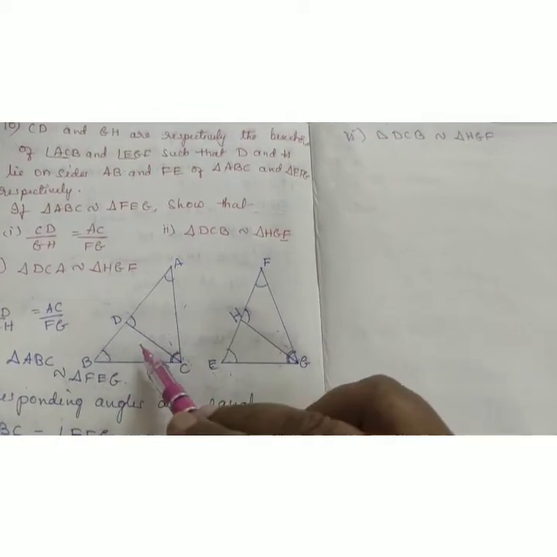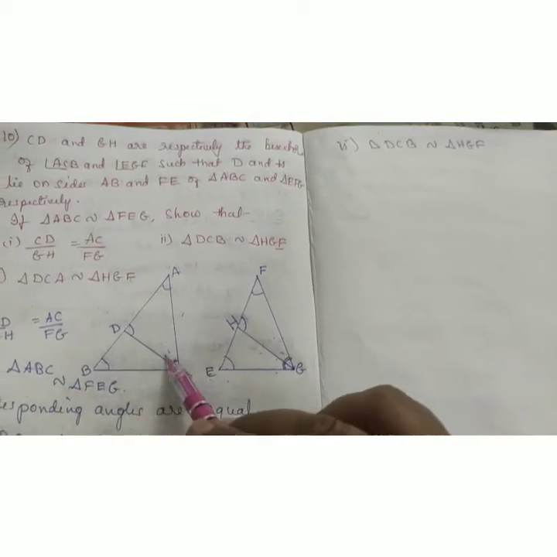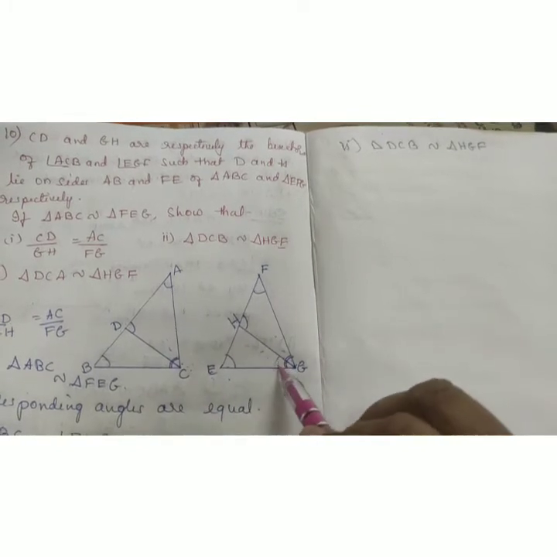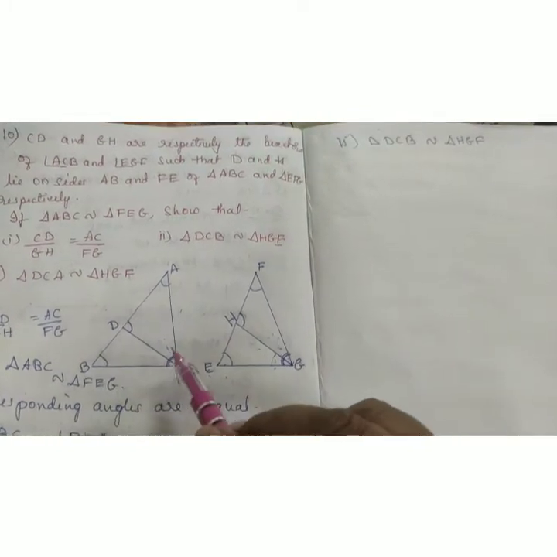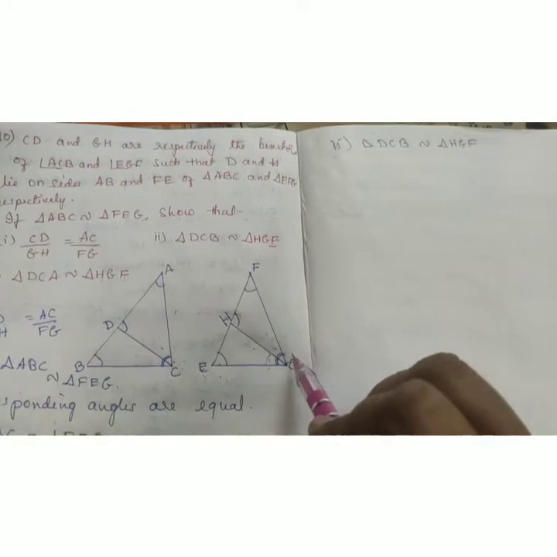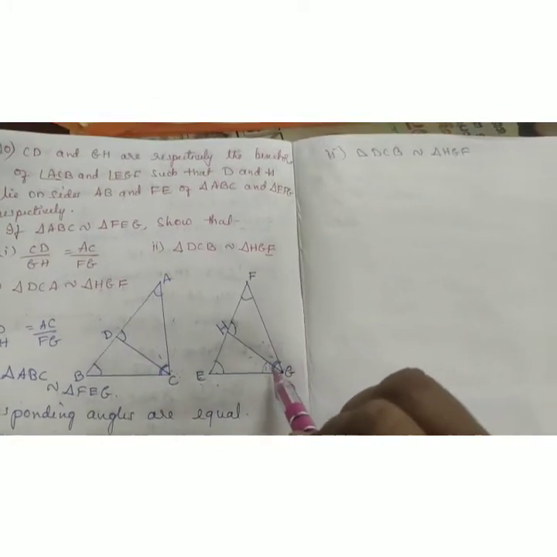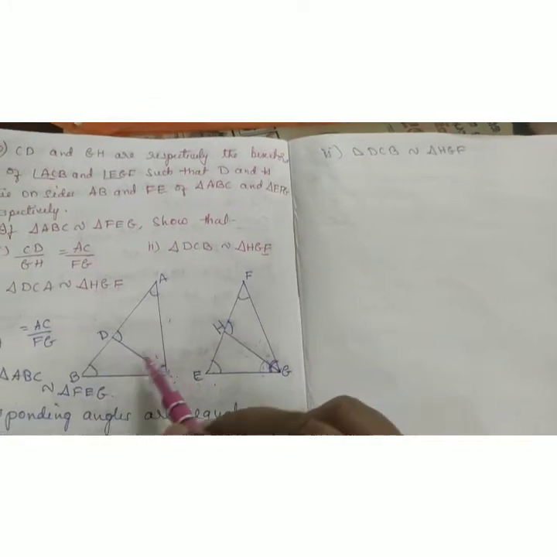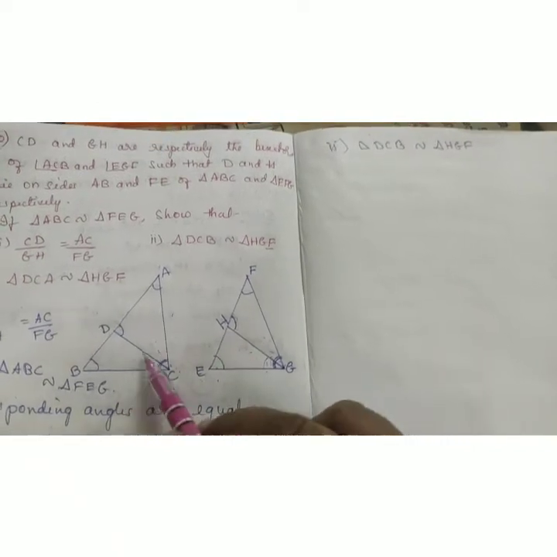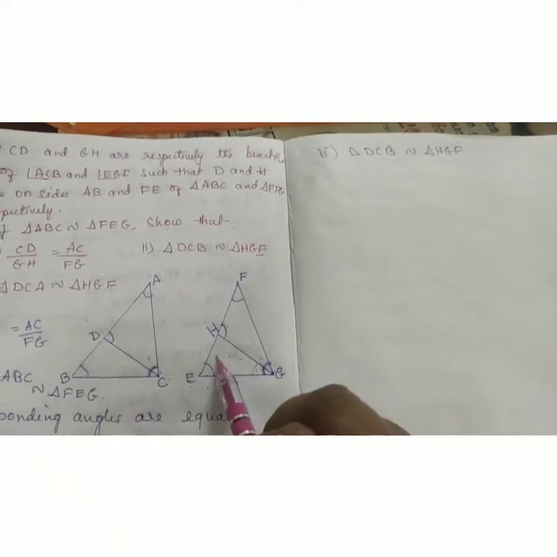Because we need to prove these two triangles are similar, we take this part of the angle as equal, because half of ACB, that is DCB, equals half of FGE, that is HGE. So these two triangles will be similar now.